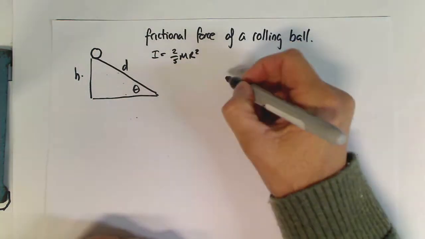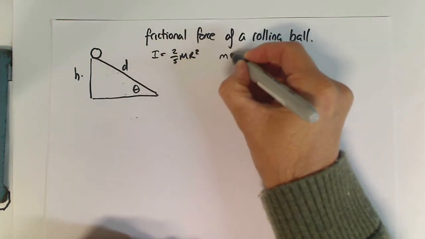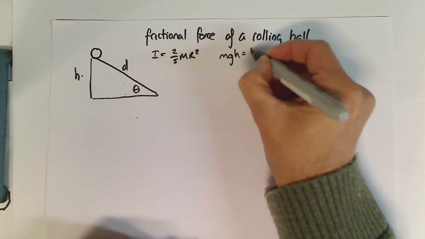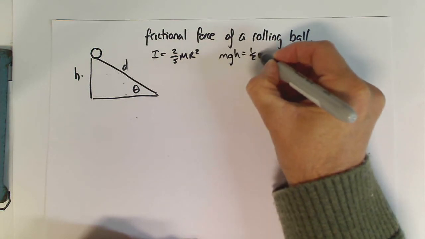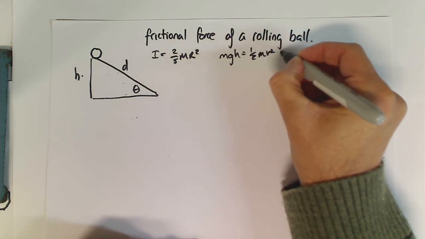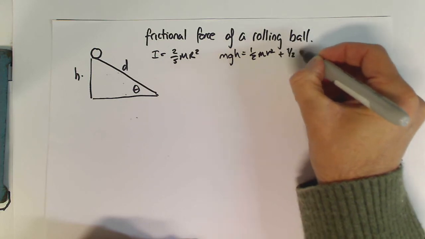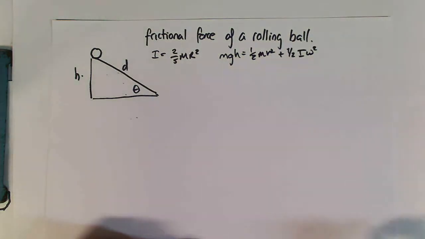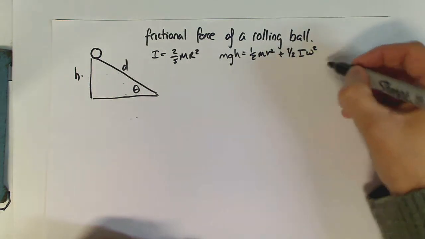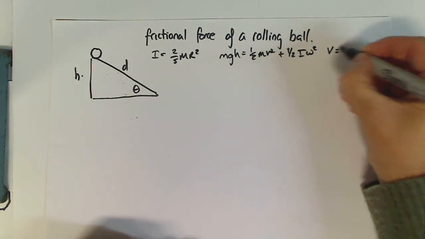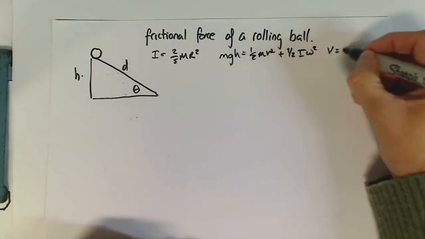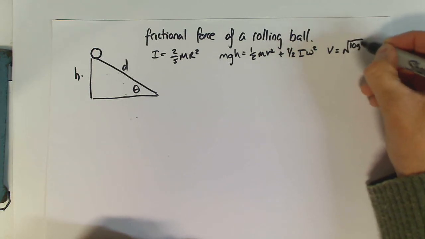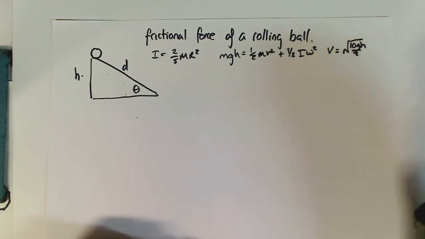Now if you've done the conservation of energy where you did the mgh equals 1/2 m v squared linear kinetic energy plus 1/2 I omega squared rotational kinetic energy, you will know that you can get to the point where v equals the square root of 10 gh over 7. I know that looks like a 2, but it's actually a 7.